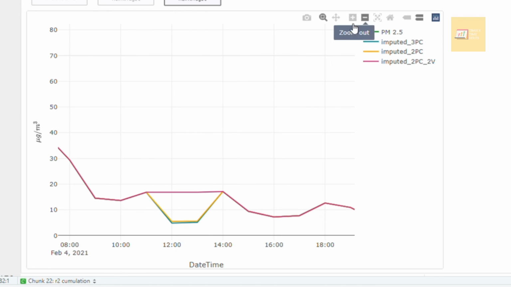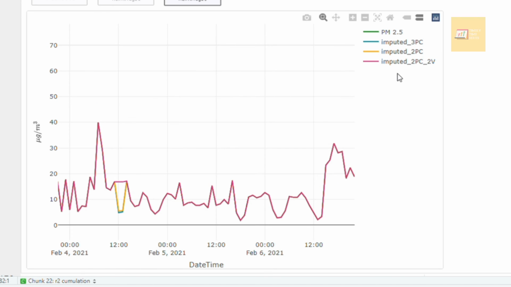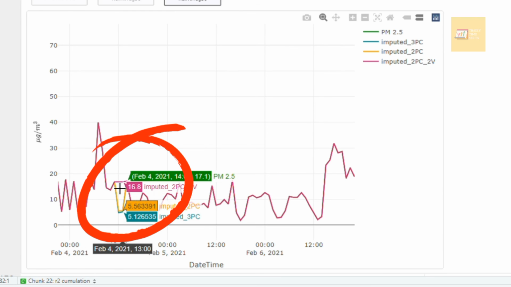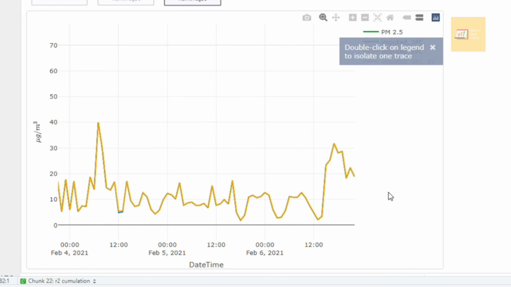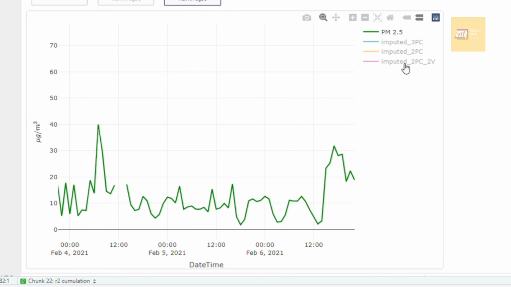And actually looking at this, wait, let me show you a better view. Actually, if we focus on the pink line only, it looks okay for this period. If we remove the pink line, visually it looks okay. This is the original data. We can see the missing value.